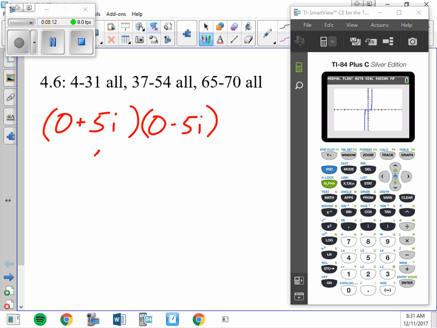No. So it's just 5i times negative 5i, which is negative 25i squared, which turns into positive 25. Does everybody understand that? Do you need to see another one, or can I go on? Corby, you good? Okay.